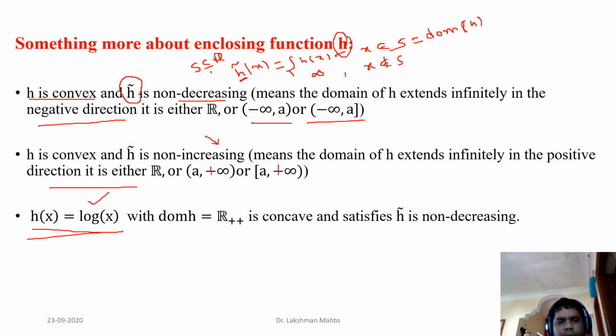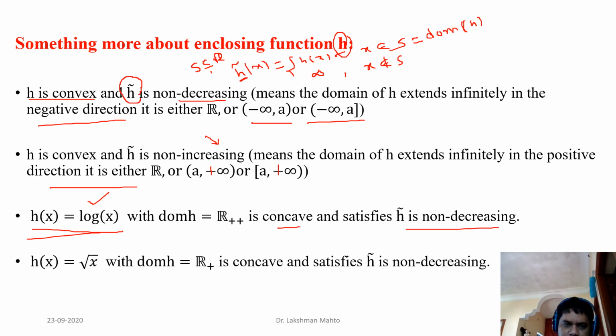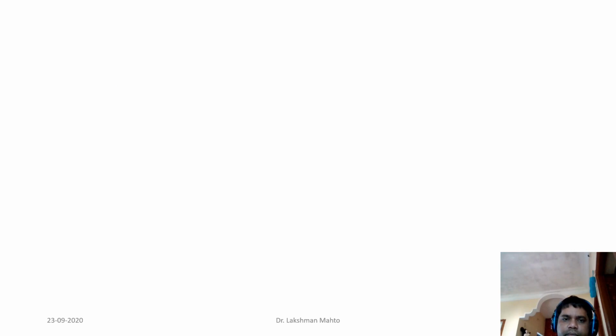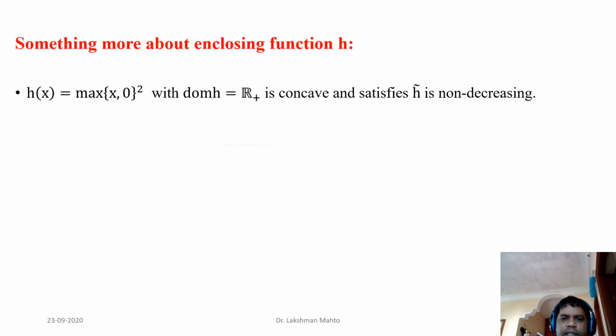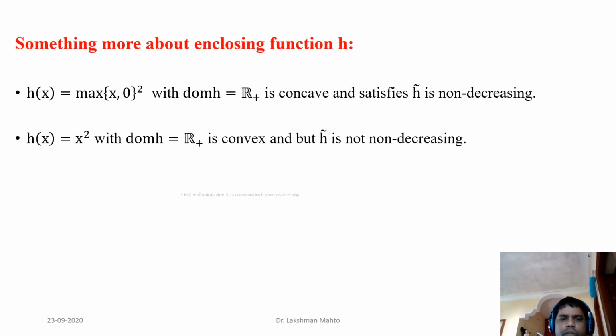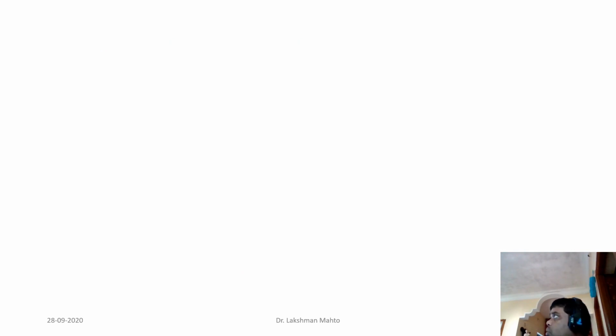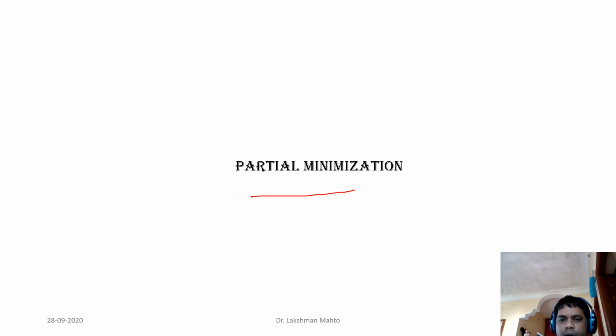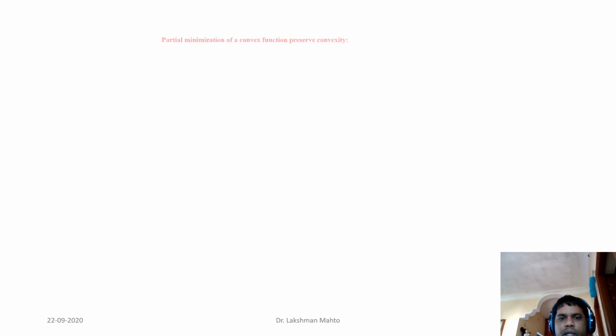If H is convex, then we have to put non-decreasing, that means increasing. Just a few examples: log X is concave and non-decreasing. Root X is also concave and non-decreasing. There are several ways you can look into all of these.